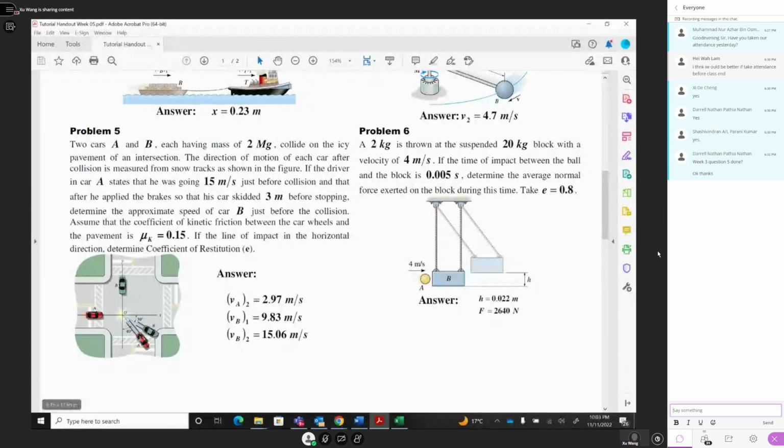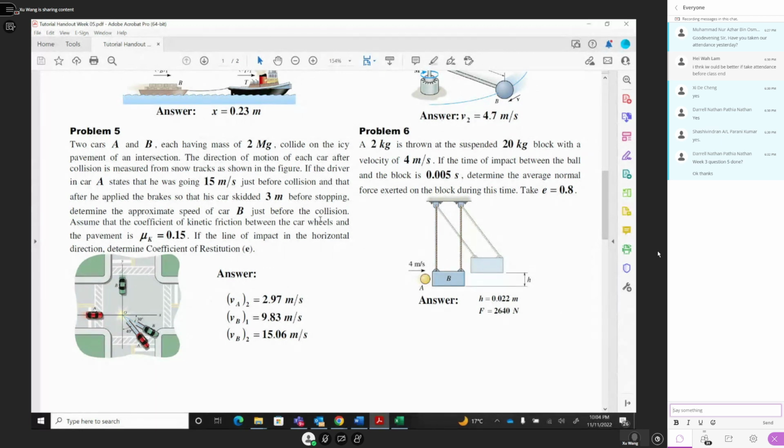For car A, after moving 3 meters, it stops fully. The friction coefficient is 0.15, and you assume the impact line is horizontal.